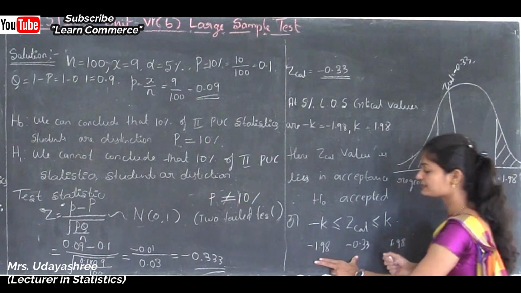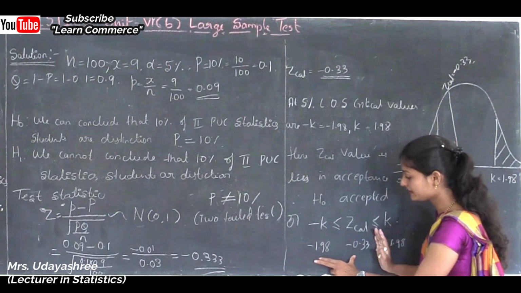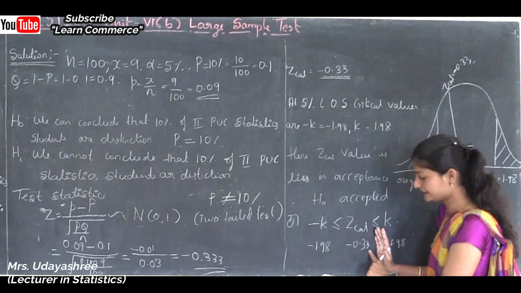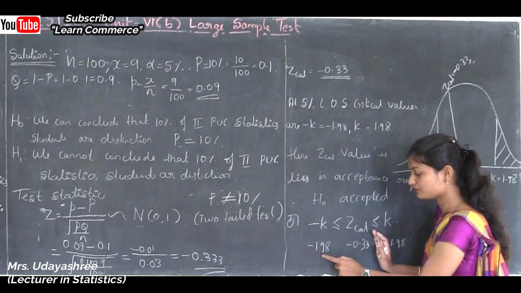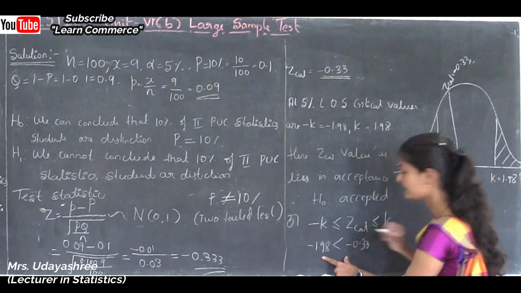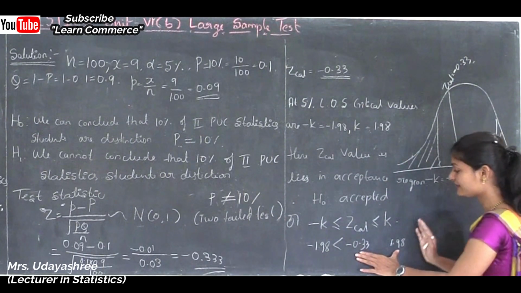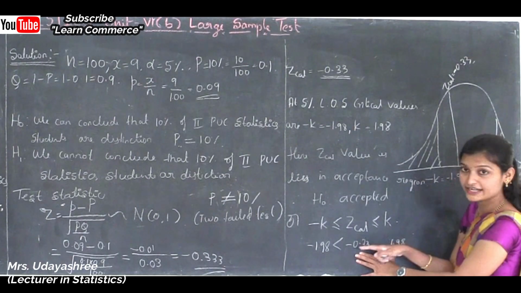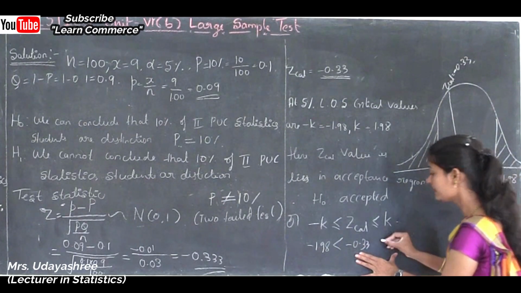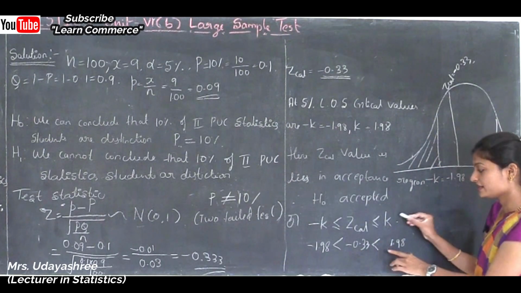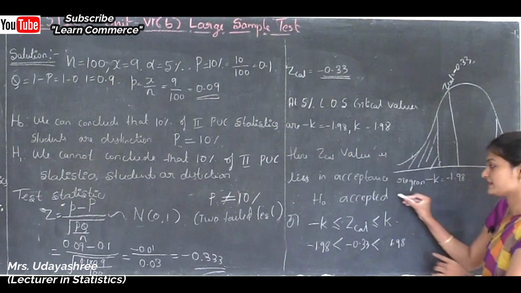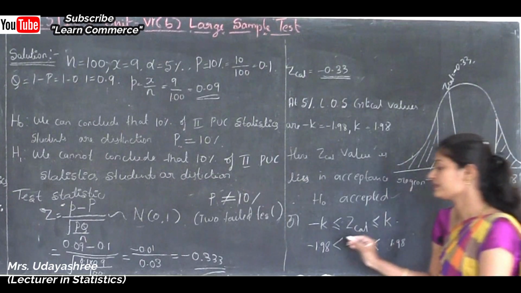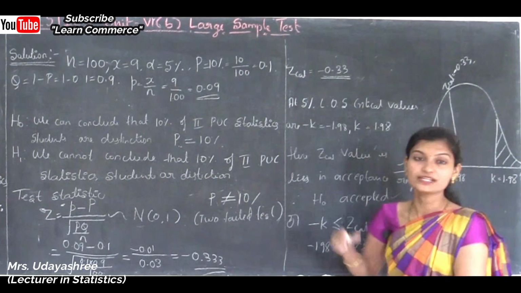Now first I will consider these two observations and see here minus 0.33 is greater than minus 1.98. So the sign is like this. And next I will consider these two observations and see here 1.98 is greater than minus 0.33. So the sign is like this. See here condition is satisfied. Therefore H not accepted.